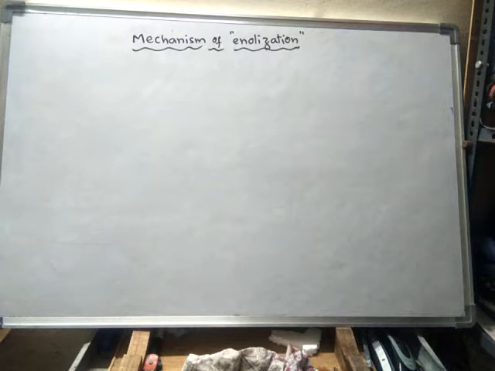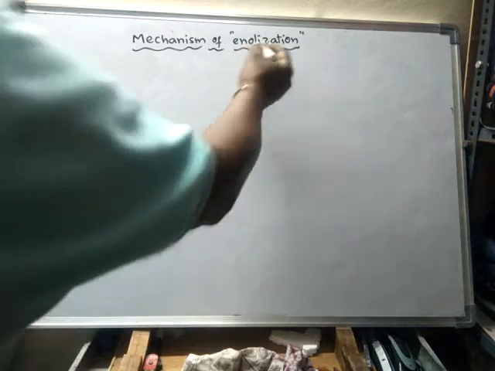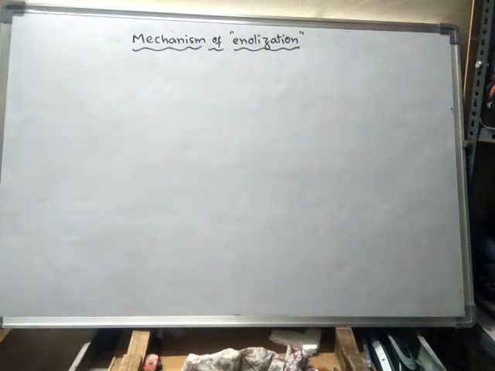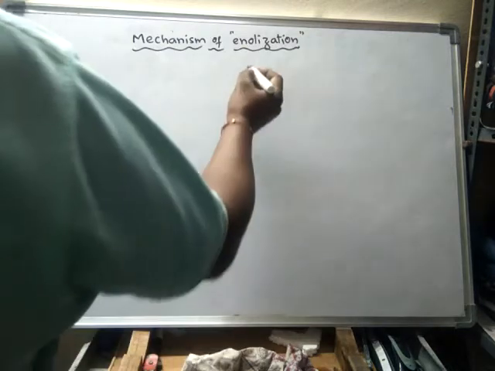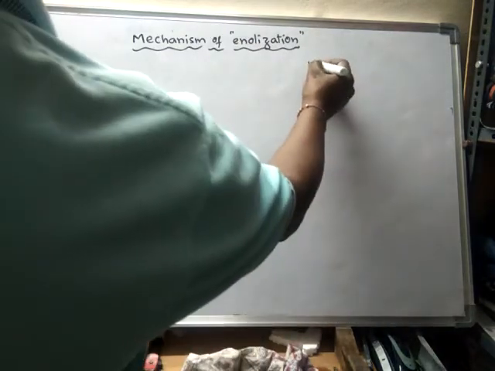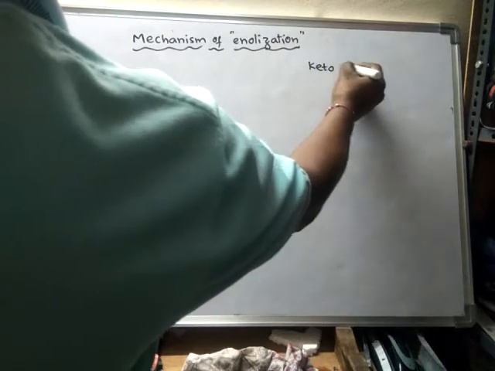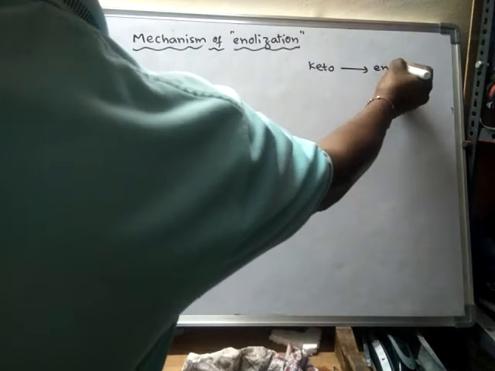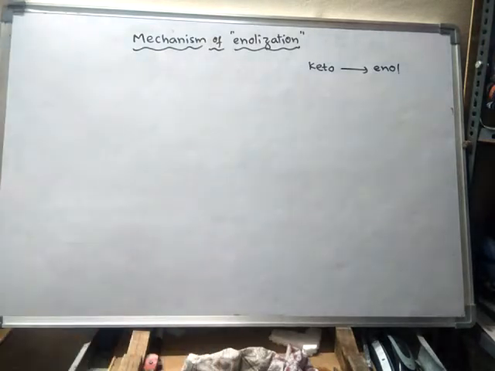What is enolization? Enolization means the conversion of the keto form into the enol form.